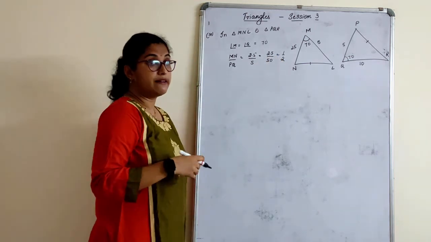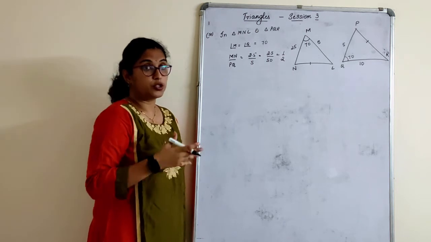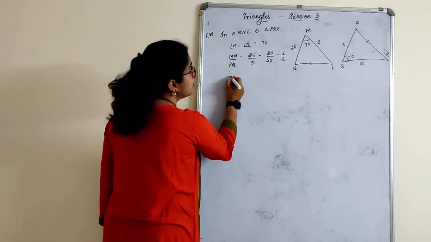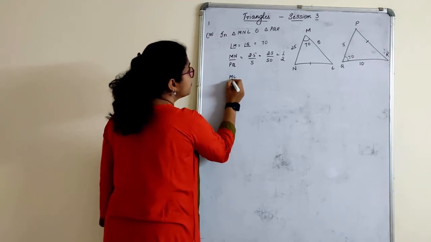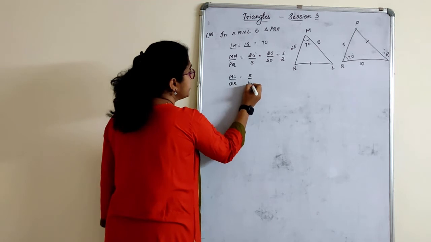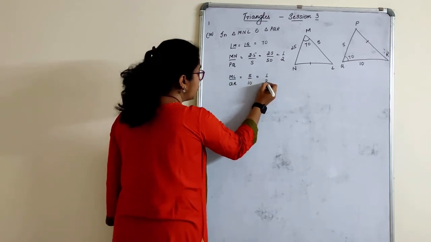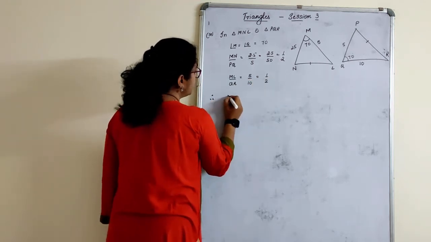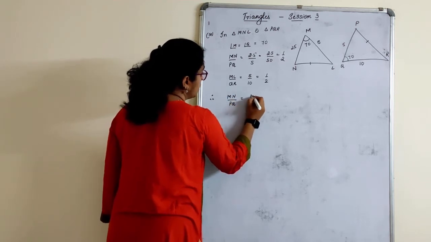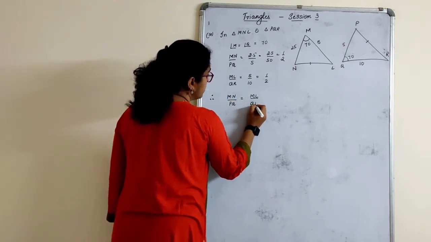Because see, directly I will not jump to the conclusion that they are proportional. I will first find. Then the next part is ML upon QR, that is 5 by 10, that is equal to 1 by 2. Therefore, MN by PQ is equal to ML by QR.